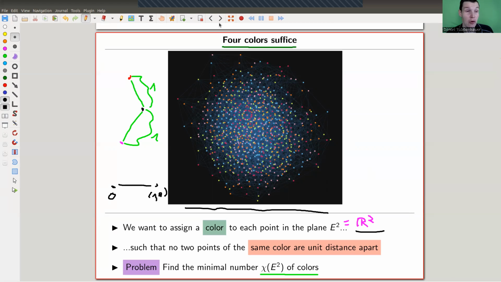As I said, a lower bound, well, we already have one. 2 is definitely a lower bound. 2 is certainly smaller or equal than chi of E squared, where E squared is again Euclidean space. But an upper bound, not so clear. And the lower bound 2 is probably very, very optimistic or pessimistic in some sense. We probably can do better and get a much better lower bound.